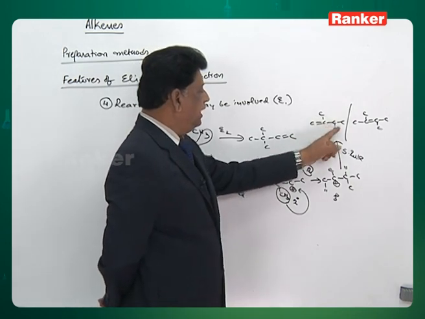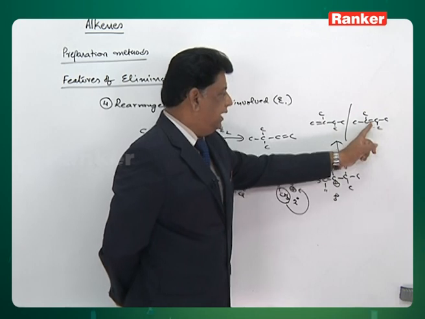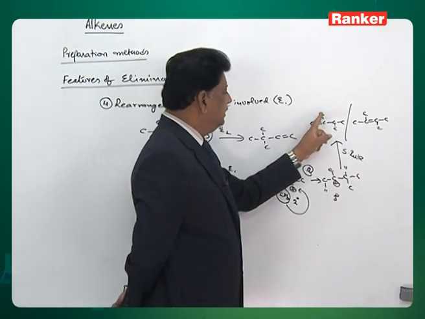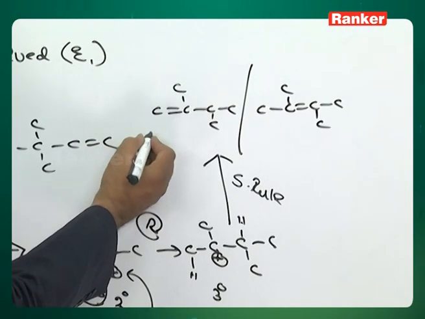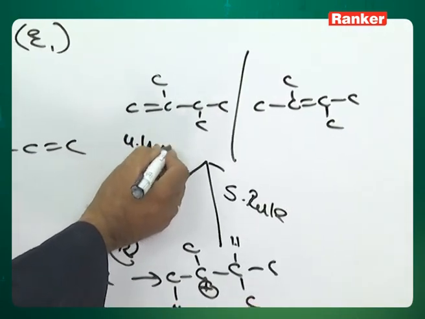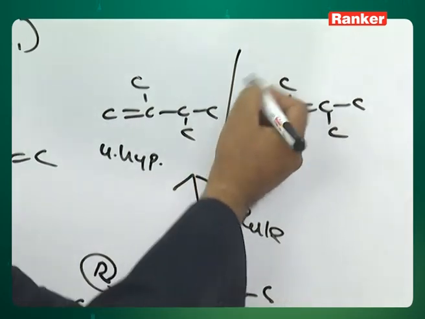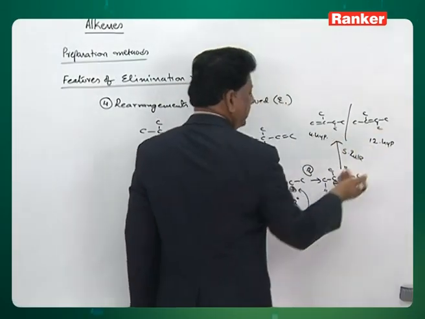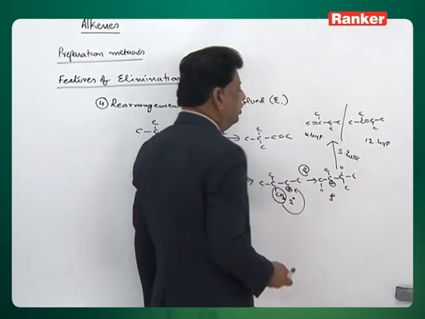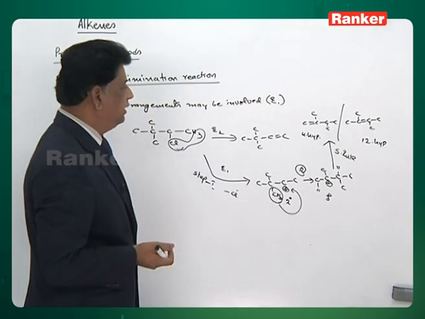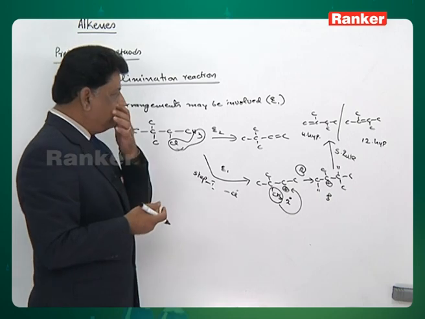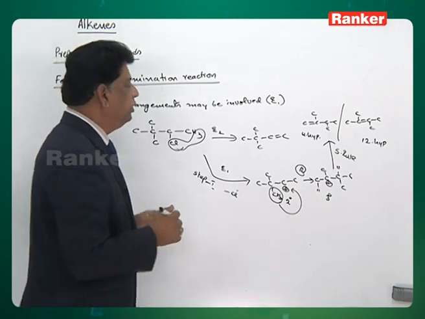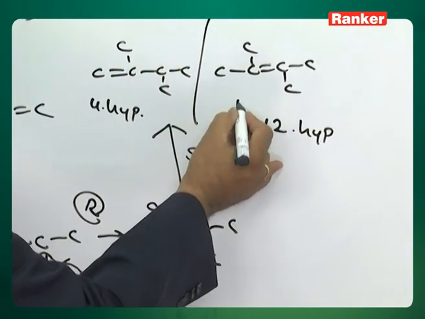Or otherwise, this is a dialkyl alkene, this is a tetraalkyl alkene, or you can apply the concept of hyperconjugation. 3 plus 1, that is 4 hyperconjugable hydrogens are there for this compound, right. How many here? 12 hydrogens, 12 hyperconjugable, almost 3 times. So, you will get a 1:3 ratio naturally. The 12 hyperconjugable hydrogens stabilize the alkene to a greater extent, therefore the second compound will be formed as the major product.